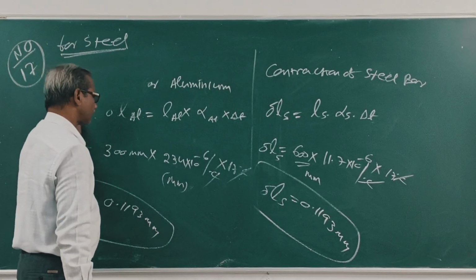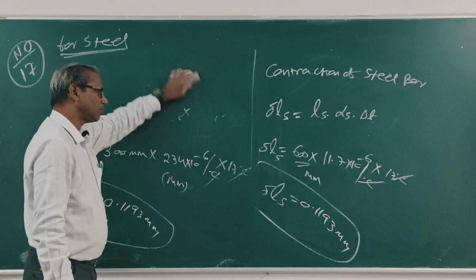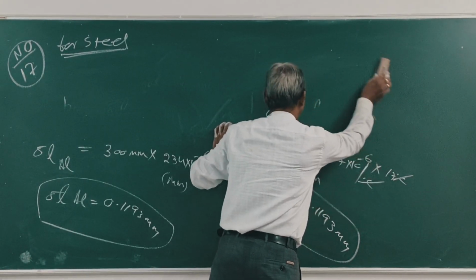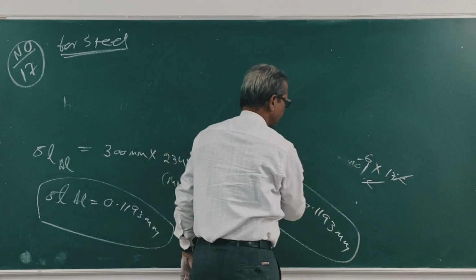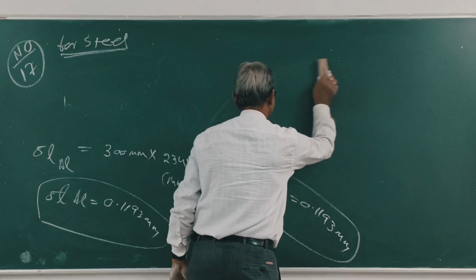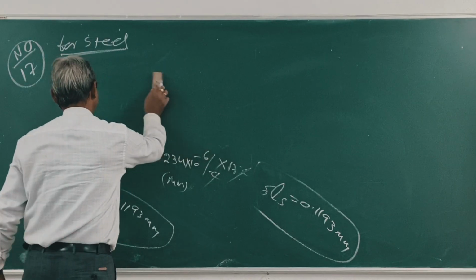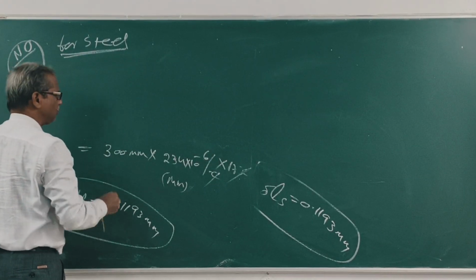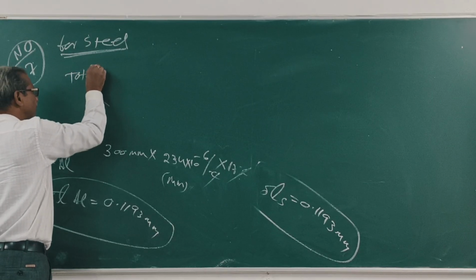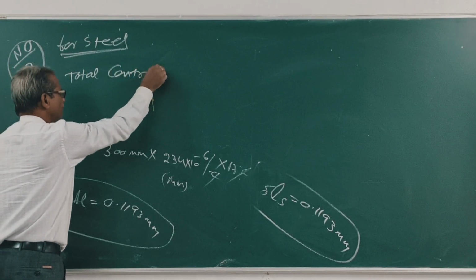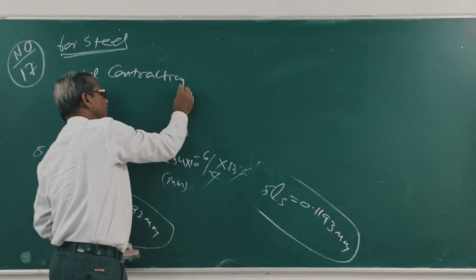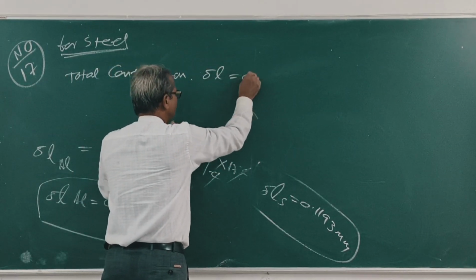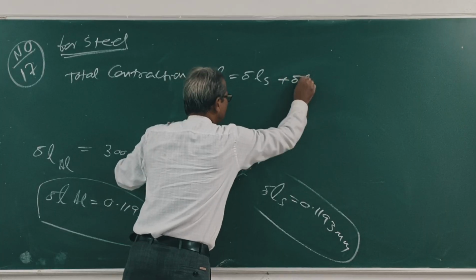Now total contraction. Total contraction delta L is equal to delta L steel plus delta L aluminum.